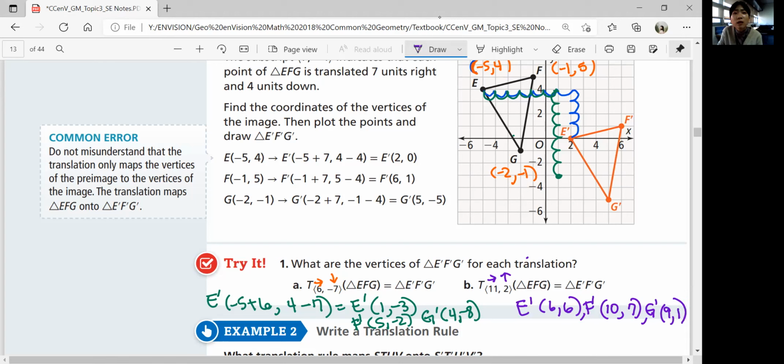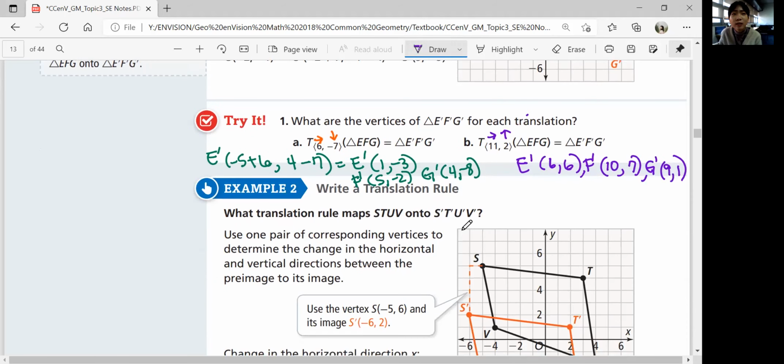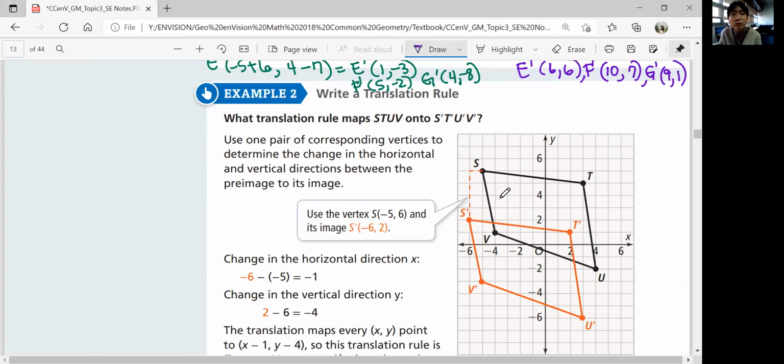So these are your coordinate points, and this is how you write your final answer. You have to write E prime and then its coordinate point, comma, F prime, its coordinate point, G prime, its coordinate point.